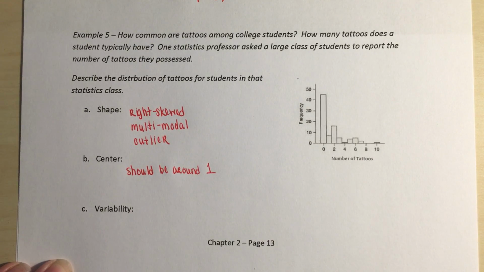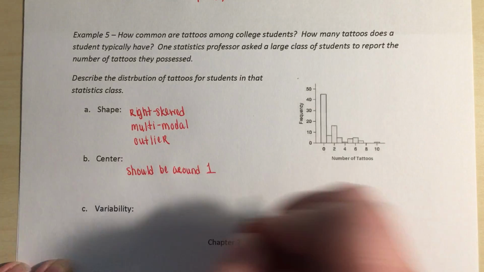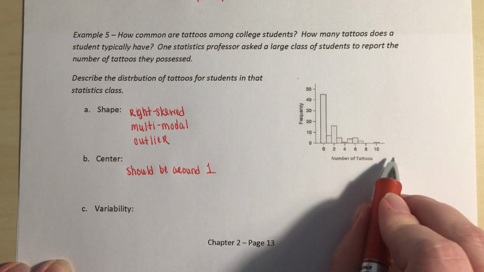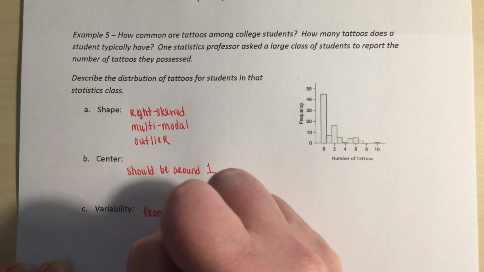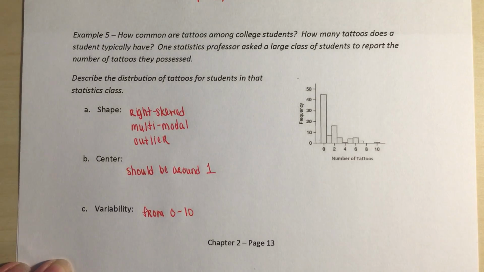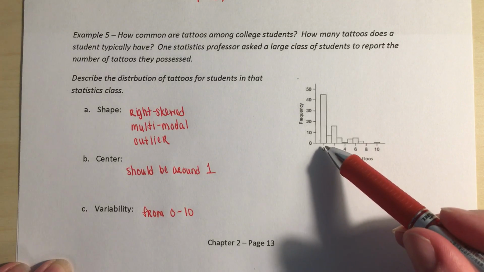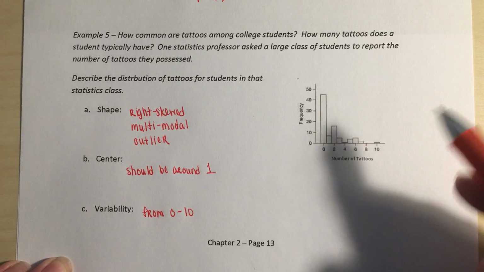Variability. Our variability is our horizontal spread. How far do our data values go? Our data values go from 0 to 10, which, considering that a lot of them are 0, is a pretty decent sized spread.